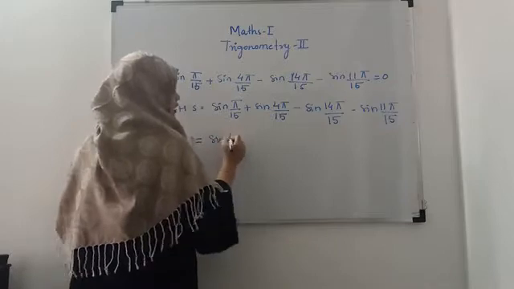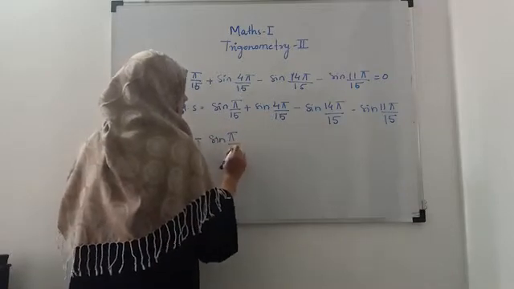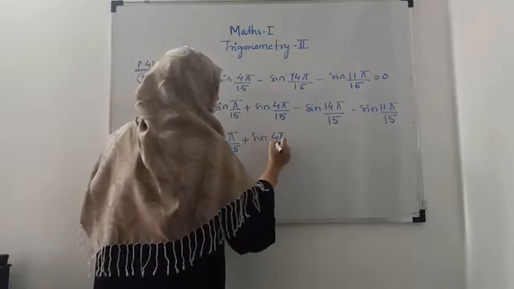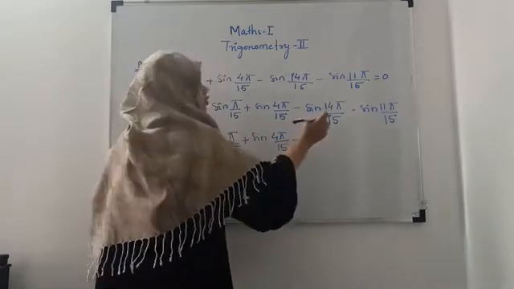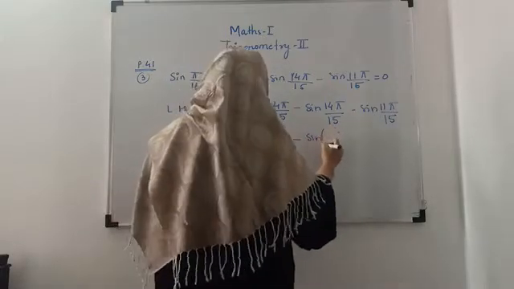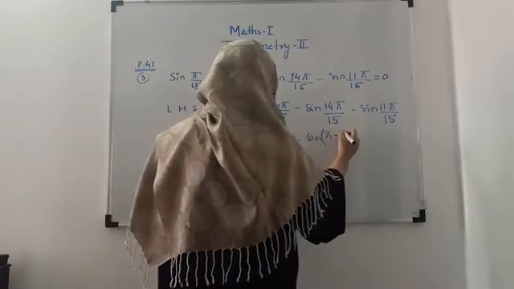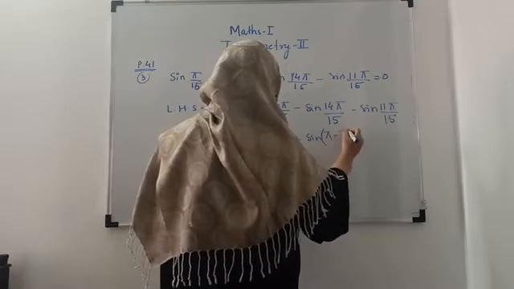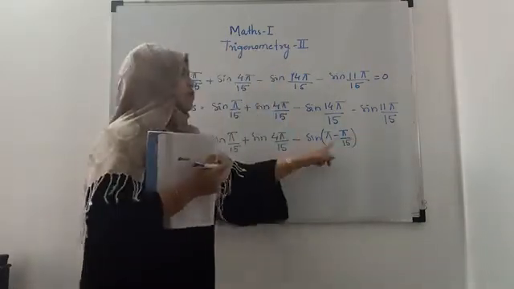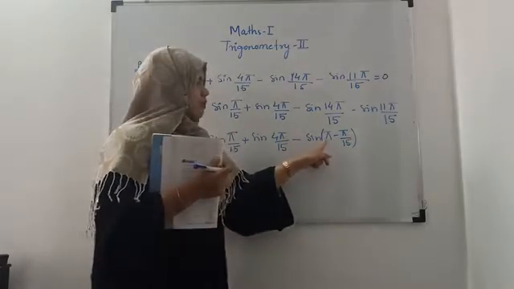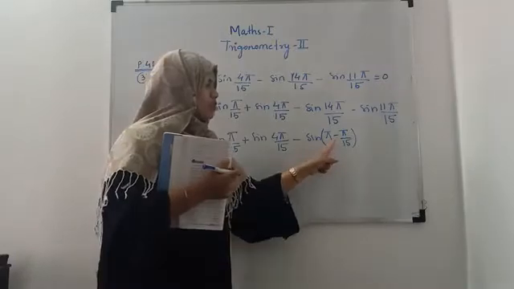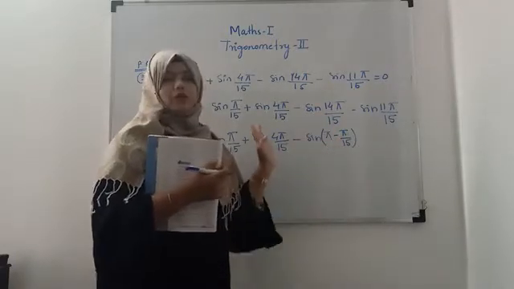So I am writing this term as it is, this term also as it is. Now 14 pi upon 15 can be written as sin of pi minus pi upon 15. Pi minus pi upon 15 means, if you take cross multiplication, 15 pi minus pi, that is 14 pi upon 15.